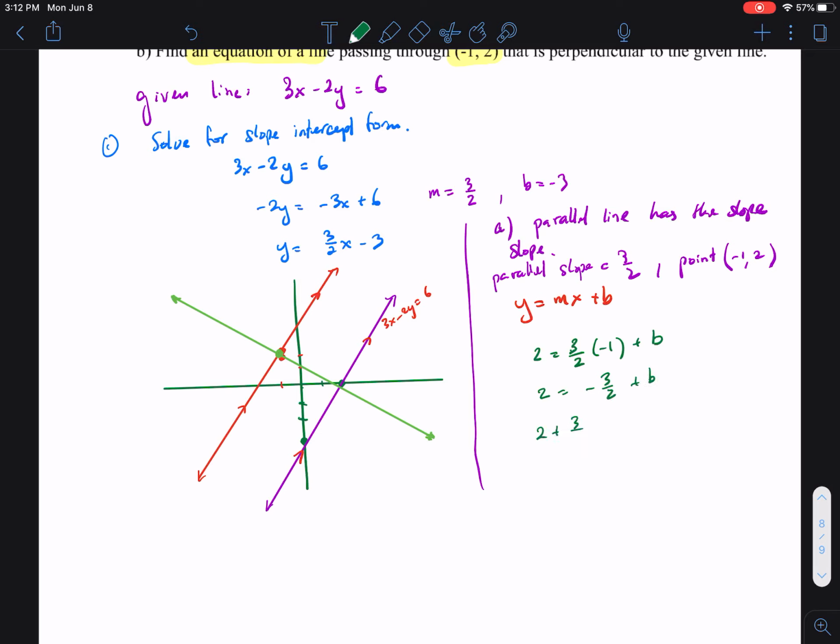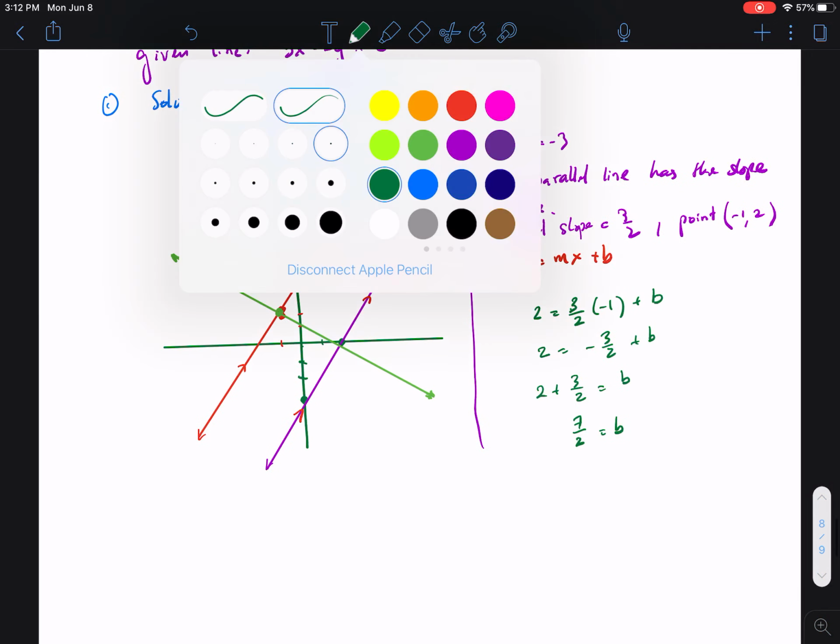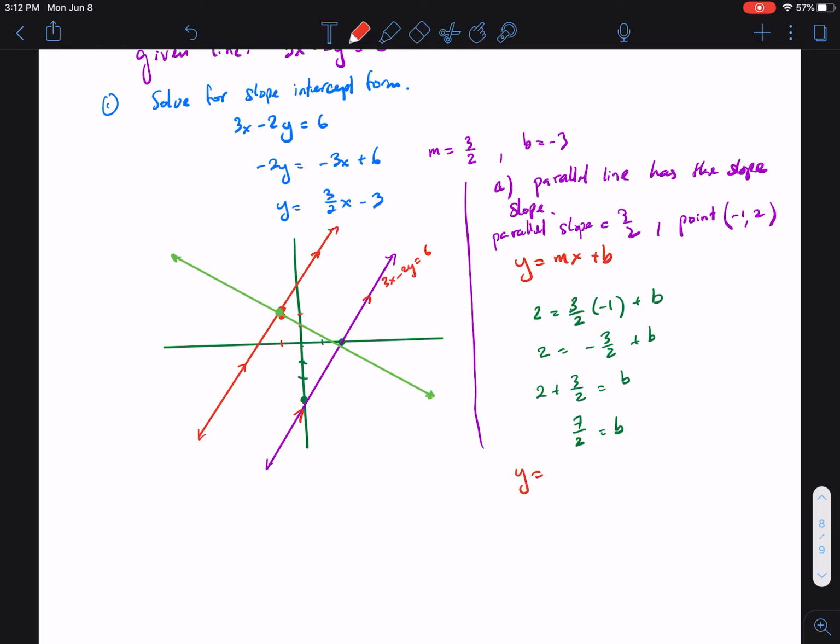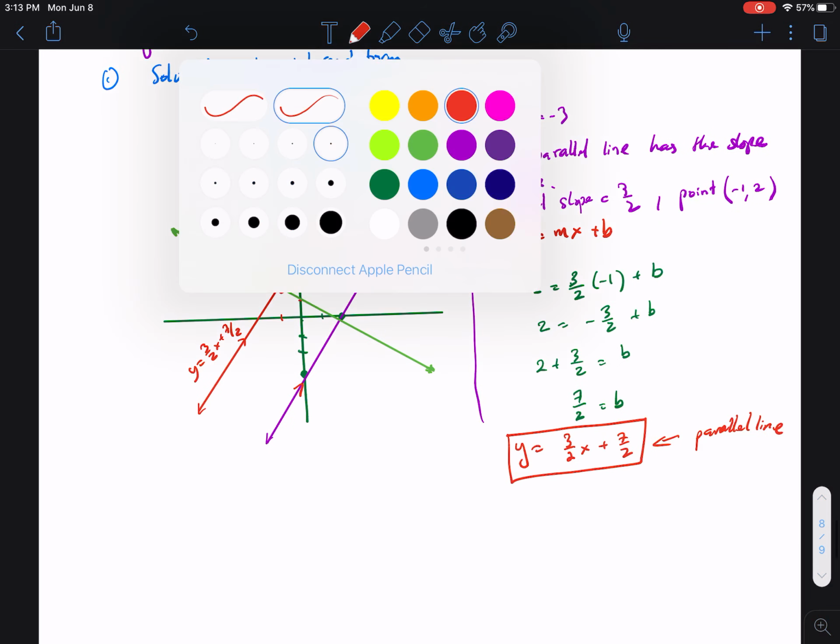Add the 3/2 to the other side, so 2 plus 3/2 is 7/2, so 7/2 is equal to b. Now our equation is y equals 3/2 x plus 7/2. So that red line here has the equation y equals 3/2 x plus 7/2. That's part A.